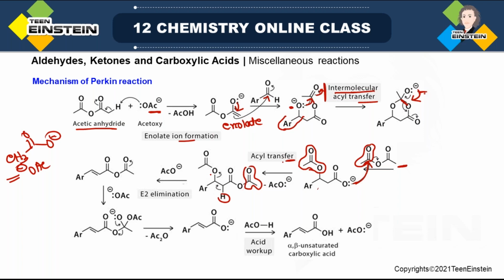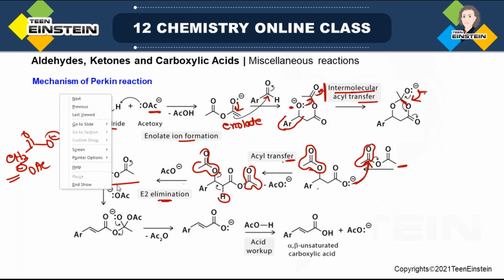Finally, this H and this COCH3 group will be removed. You are getting a C=C double bond. So this is E2 elimination, because the OCOCH3 group and H, these two groups, are removed simultaneously. And we are getting this type of structure, but this is not the final step.